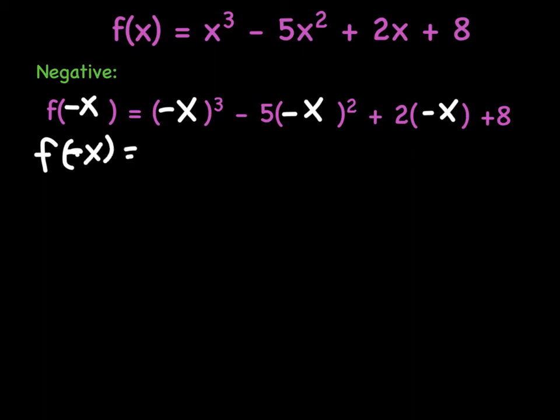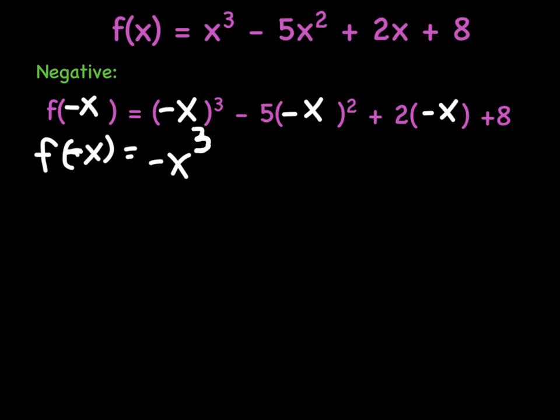equals negative x cubed, which is saying negative x times negative x times negative x, which gives us negative x cubed. Then we have negative x squared, which means negative x times negative x. Remember, if it's a negative to an even degree, it's going to come out positive.